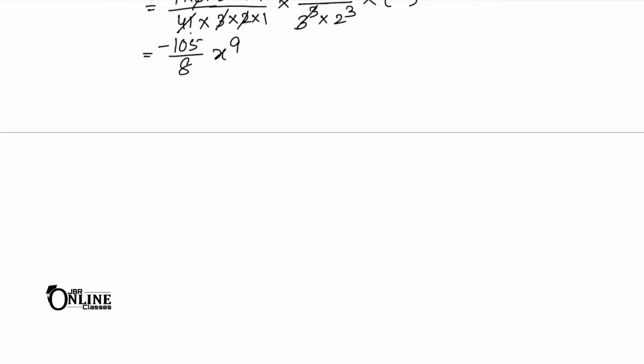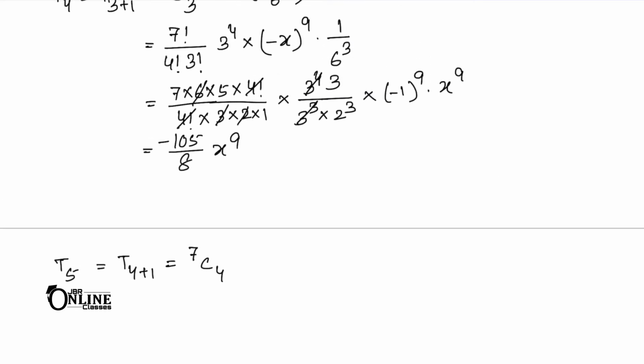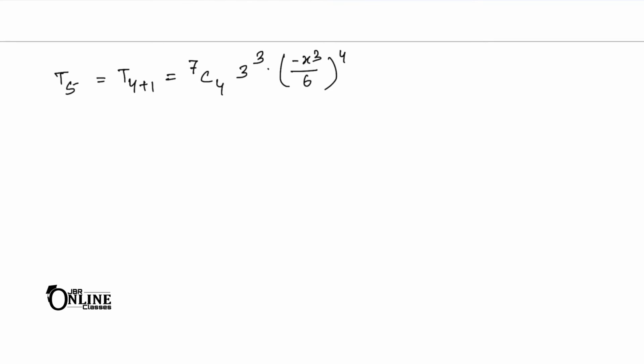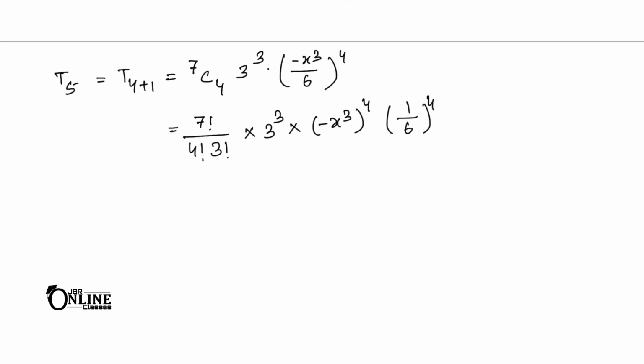Now you have to find also the fifth term, that means T5. So T4 plus 1 will be 7C4. Then next one will be 3 to the power 3. Now next, (minus x cube by 6) to the power 4. So 7 factorial divided by 4 factorial, 3 factorial, then 3 to the power 3, and the next one will be minus x cube to the power 4, and also 1 by 6 to the power 4.